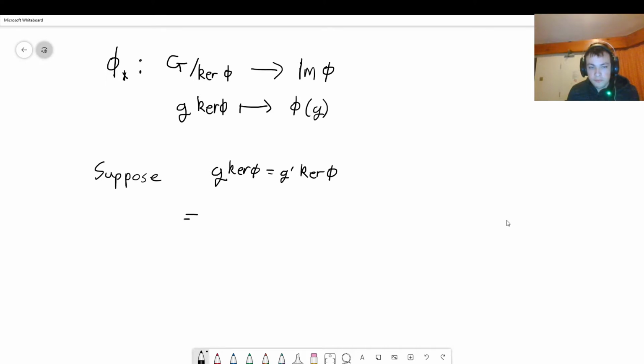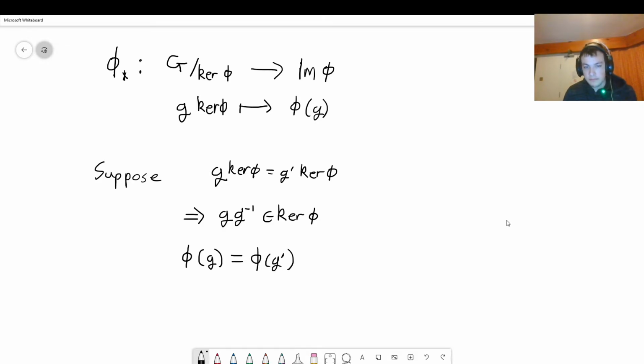Therefore, g inverse g prime is in the kernel of phi, and so phi of g must then equal phi of g prime, because phi of g prime inverse g is equal to e.